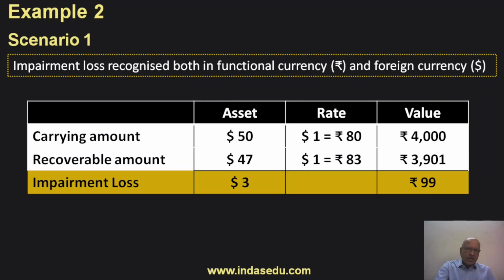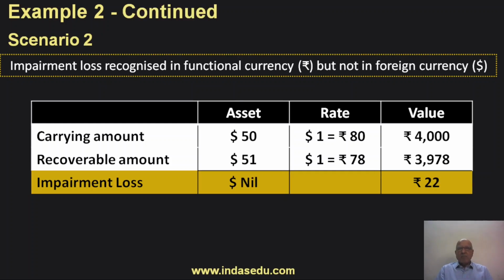In foreign currency, carrying amount is 50, recoverable amount 47, so impairment loss is 3. And under functional currency, carrying amount 4,000, recoverable amount 3,901, so 99 rupees. So impairment is recognized both in functional currency and foreign currency where the carrying amounts are more than the recoverable amounts.